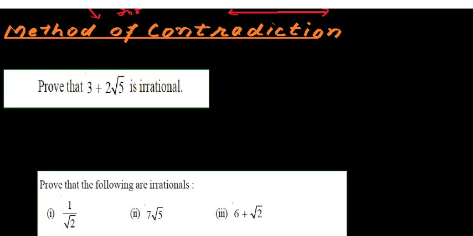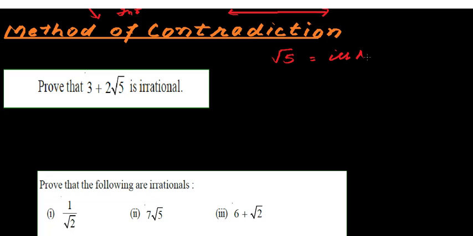Taking proof for next, I will use all these three facts. Earlier I have proved that under root 5 was an irrational number.